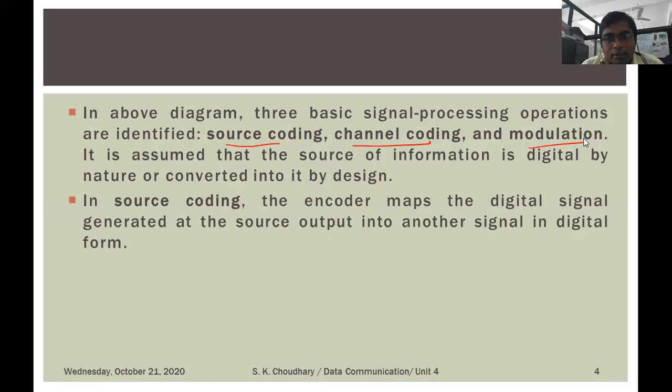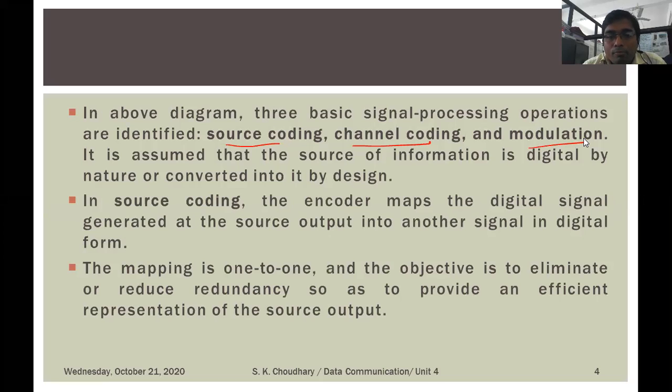So the first signal processing operation, that is signal coding, in that the source encoder maps the digital signals generated at the source output into another signal in digital form, and this mapping is 1-to-1.